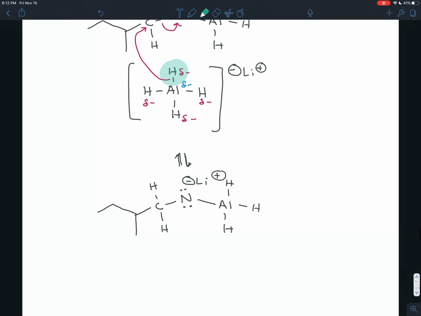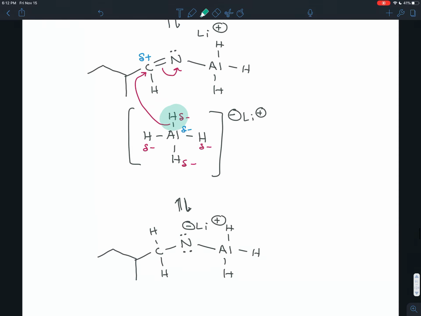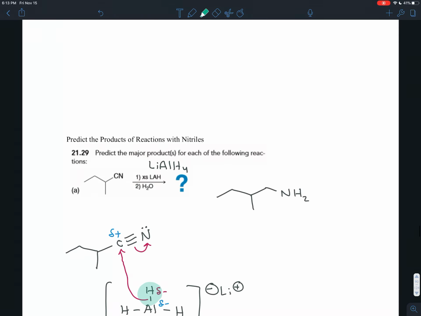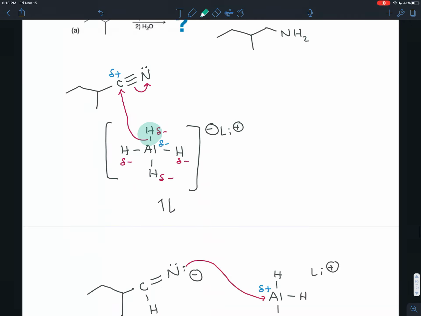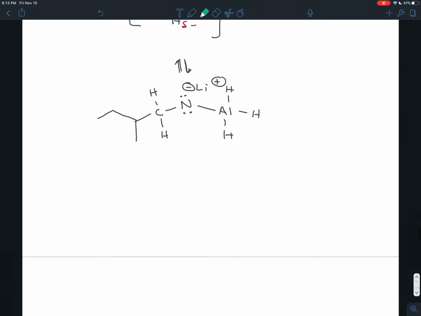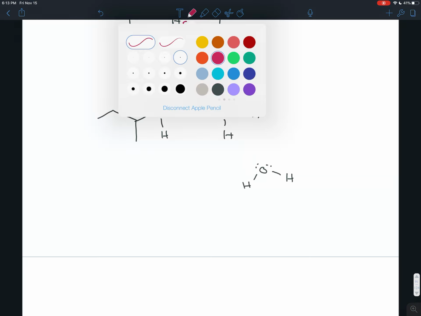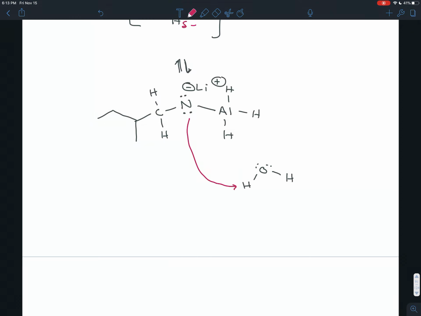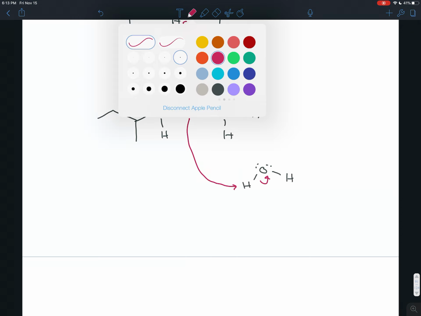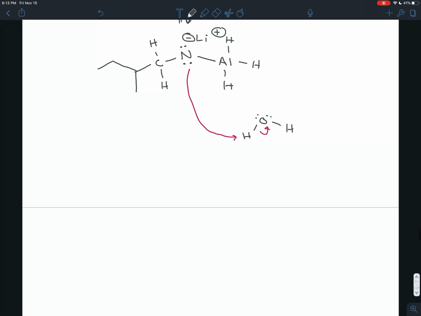So now we just need to stabilize this nitrogen with some hydrogens, do some proton transfers, and that's what this water is all about. So if you take this molecule and you treat it with water, the negative nitrogen can attack the hydrogen and do a proton transfer.